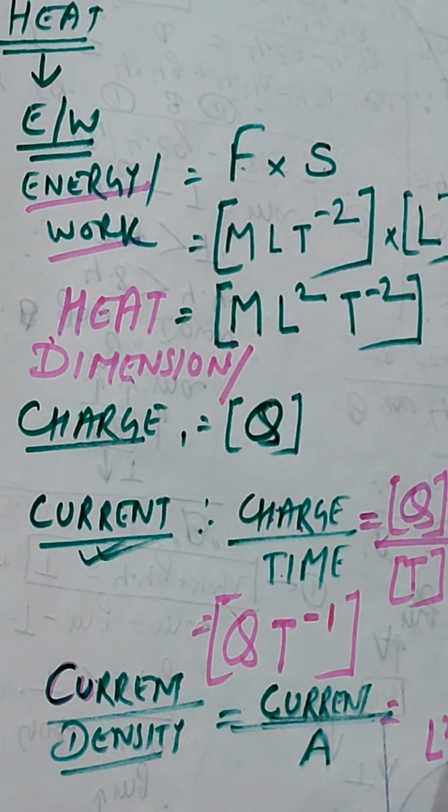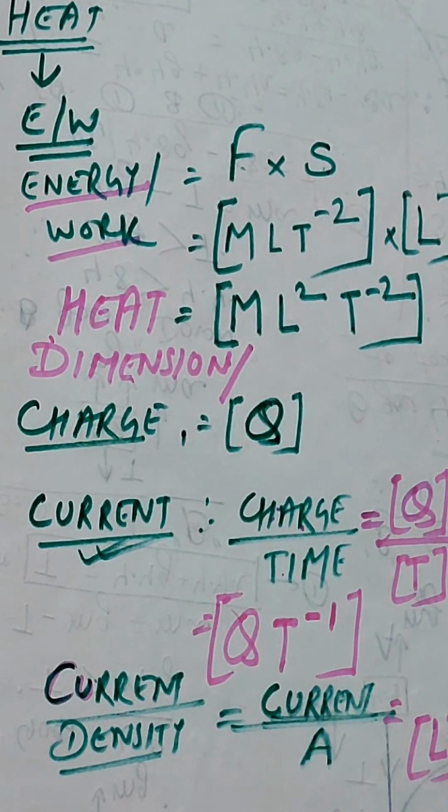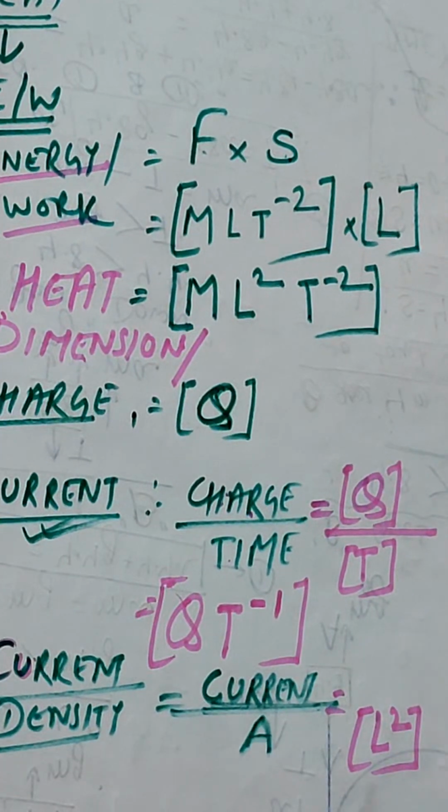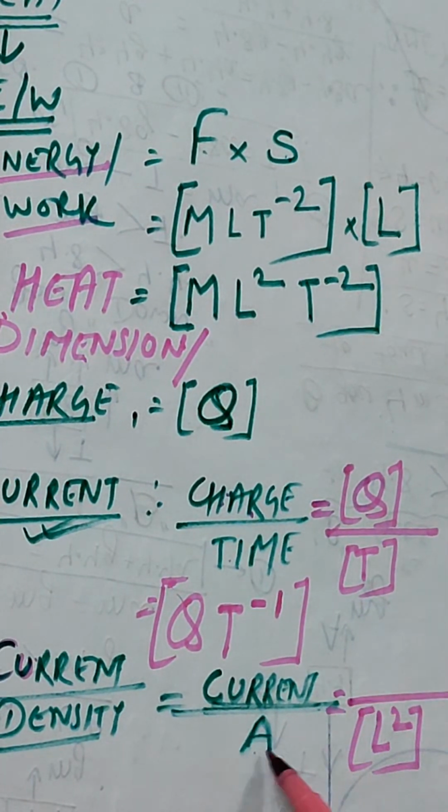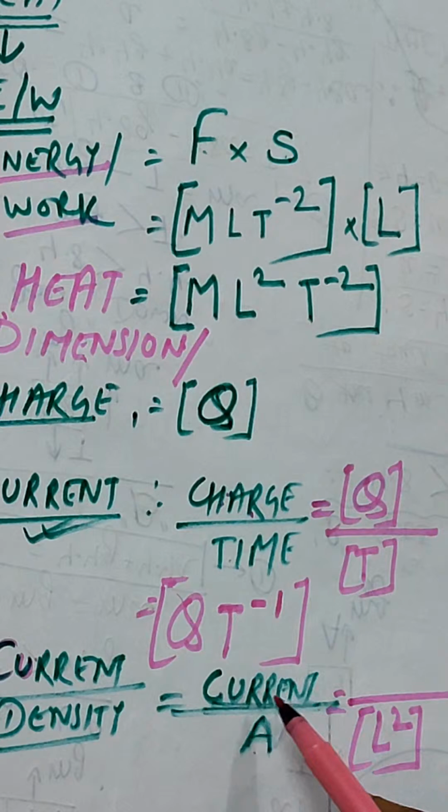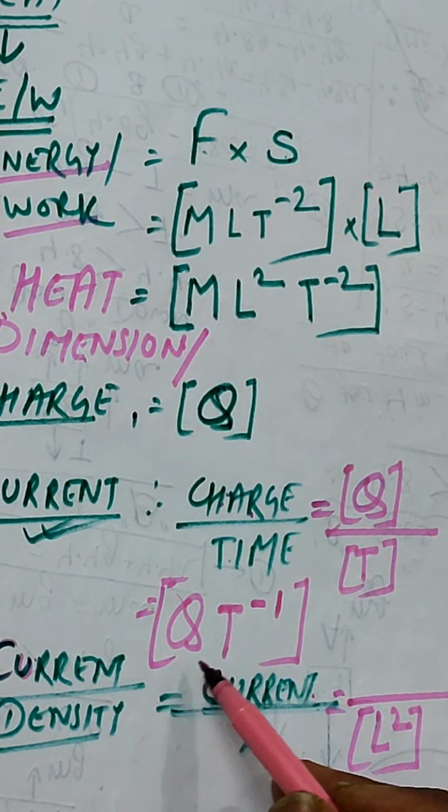It's L square, kept in the denominator. And the unit of current is QT minus 1.